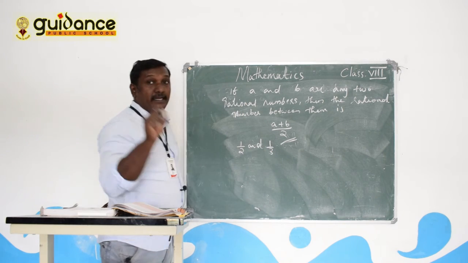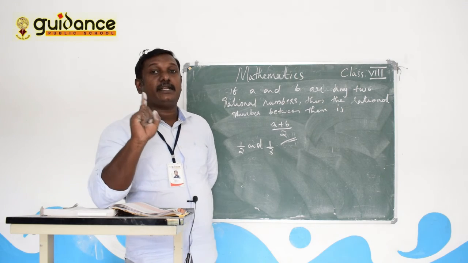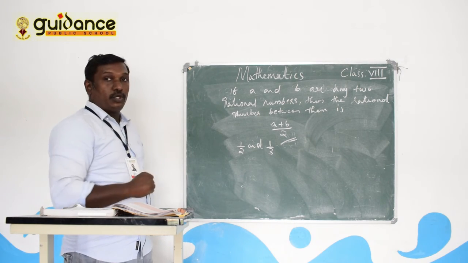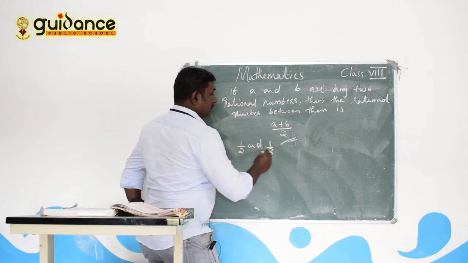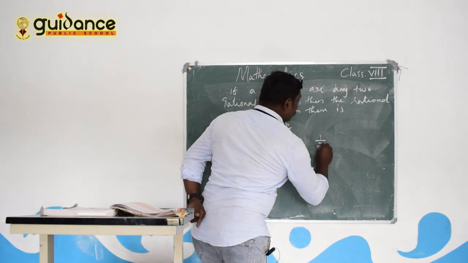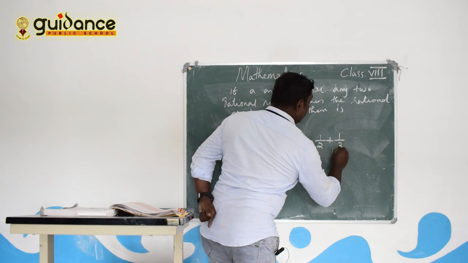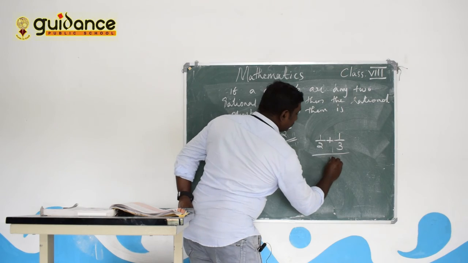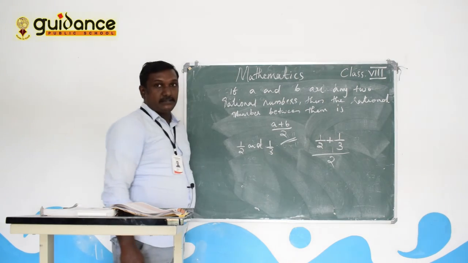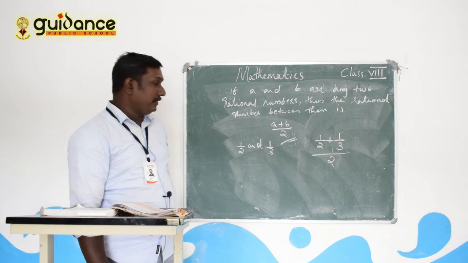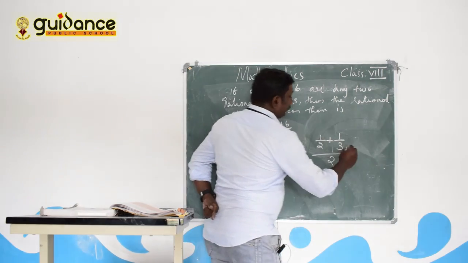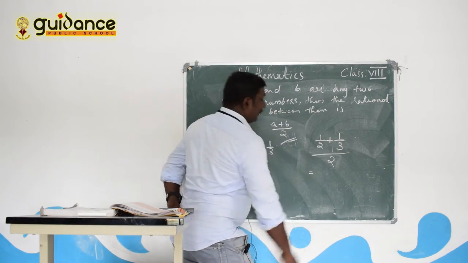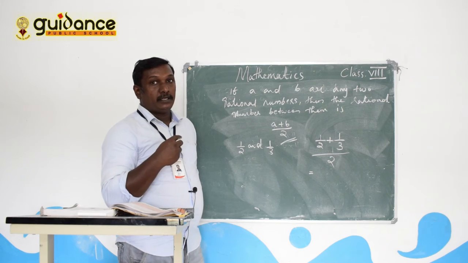Find a rational number between these two rational numbers. Then we can do 1 by 2 plus 1 by 3, all divided by 2. For addition with different denominators, we do cross multiplication.